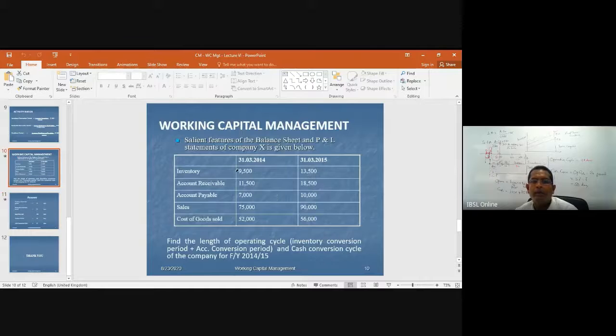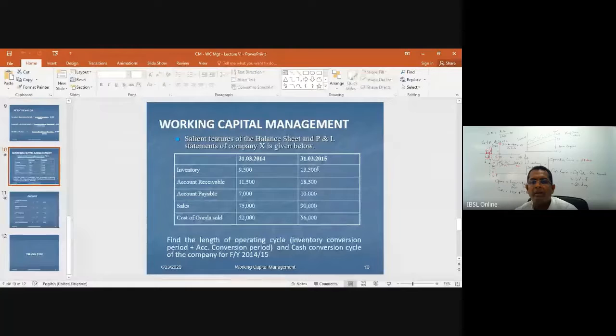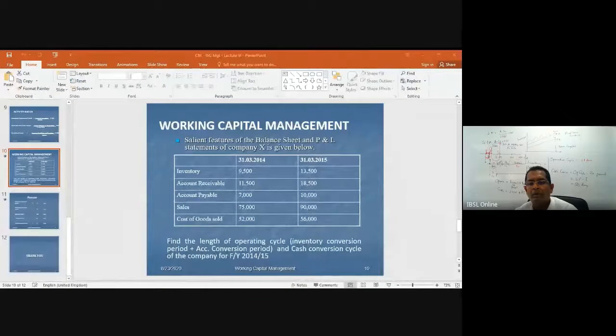Inventory turnover is 9,500 plus 13,500 divided by 2, then divided by 56,000 into 365. Check that. Okay, good.